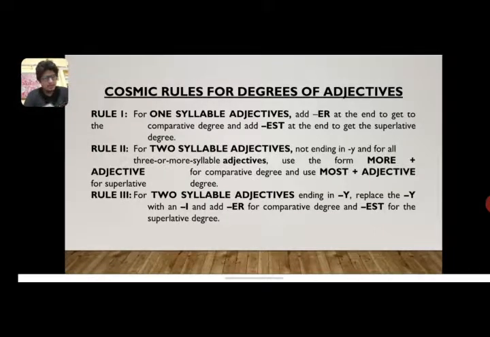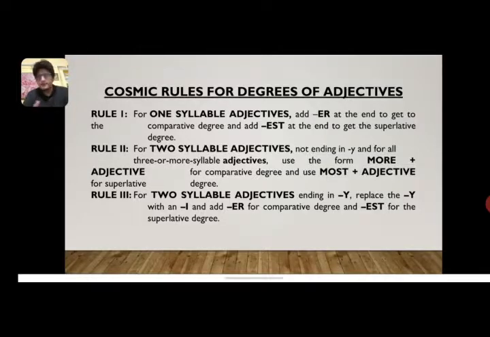You replace the y with an I and you add er for the comparative degree, whereas you replace the y with an I and then you add est as a suffix to the same adjective for the superlative degree. For example, happy, happier, happiest.